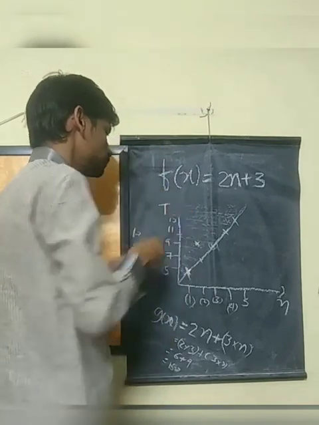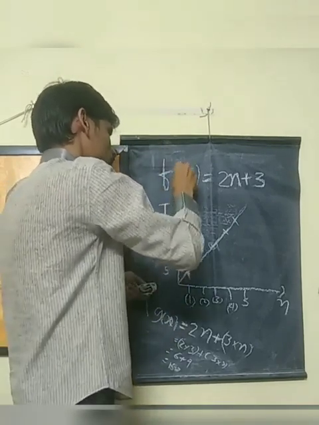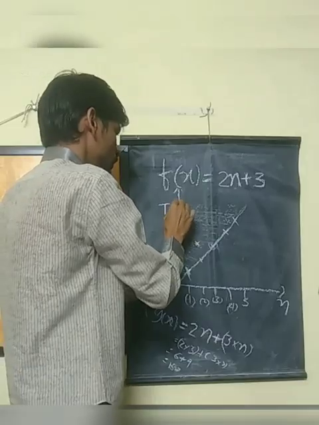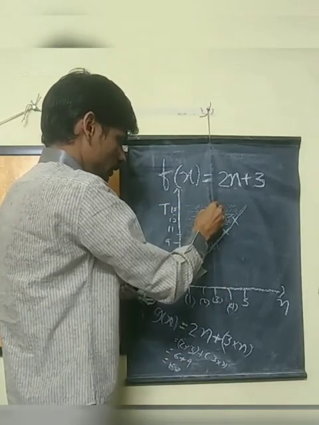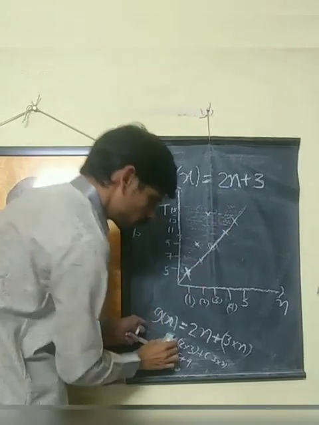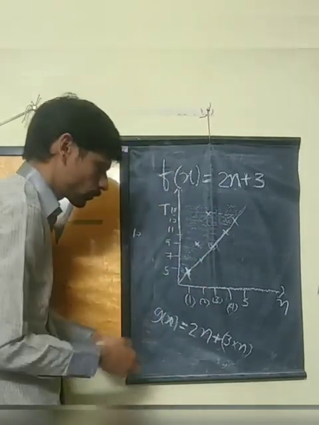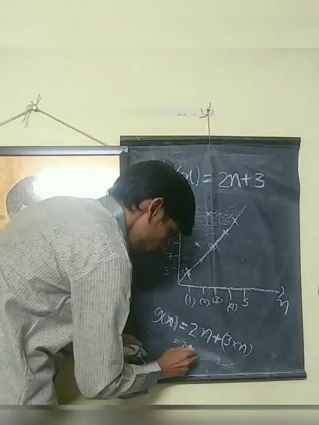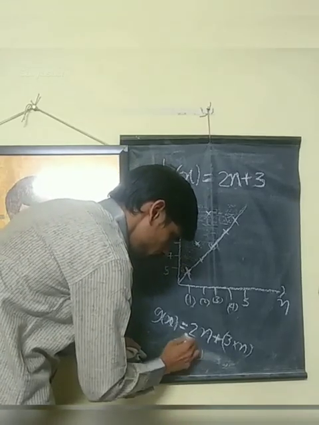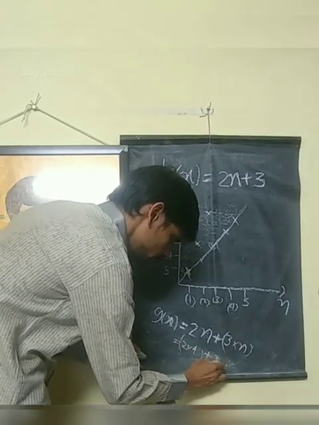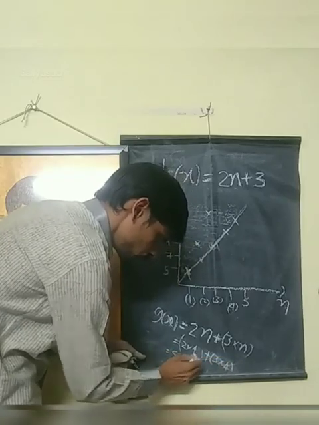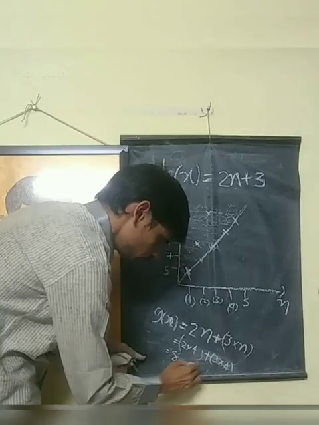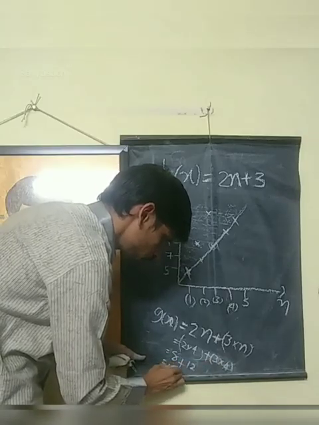Let me increase this. For example, this is 15. For 3 I got this. Now we will pass 4. 2 multiplied by 4 plus 3 multiplied by 4. 2 fours are 8, plus 12 equals 20.